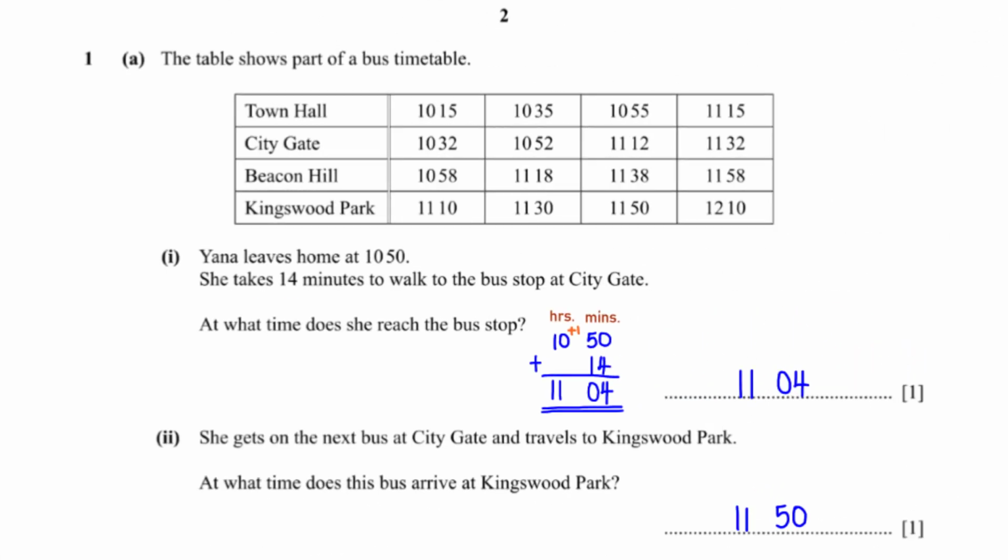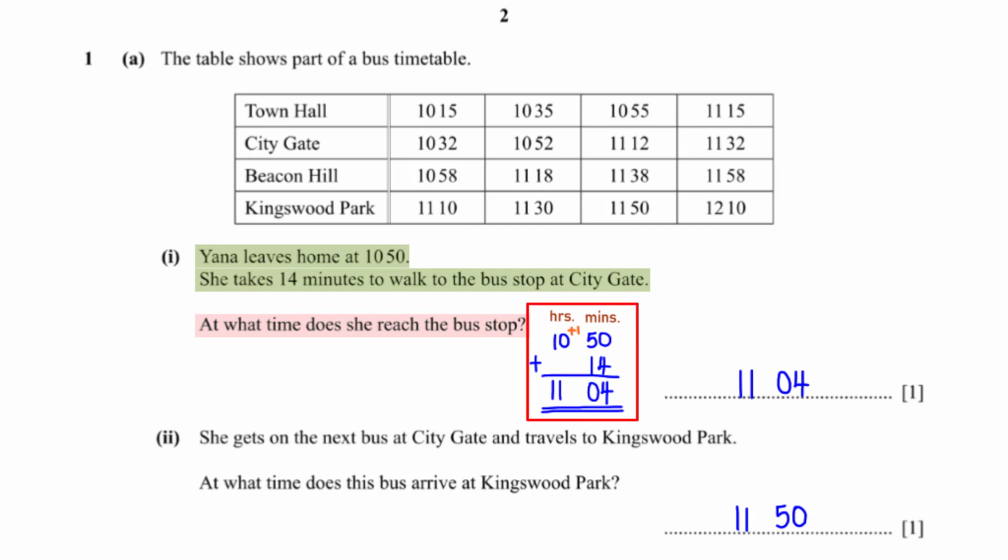The table shows parts of a bus timetable. Yana leaves home at 10:50. She takes 14 minutes to walk to the bus stop at City Gate. At what time does she reach the bus stop? All we need to do here is add 14 minutes to 10:50.